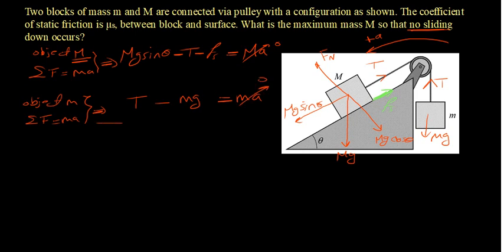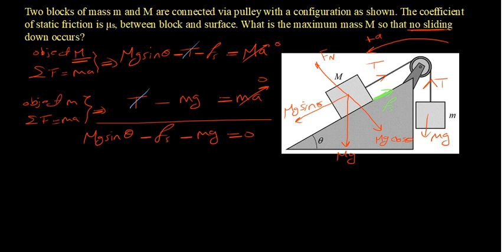So in the equation system here, I can simply eliminate the tension because it is the same rope or the same cord, so it has the same tension. They can cancel each other. And here I will end with this value: Mg sine theta minus static friction minus mg equals 0.